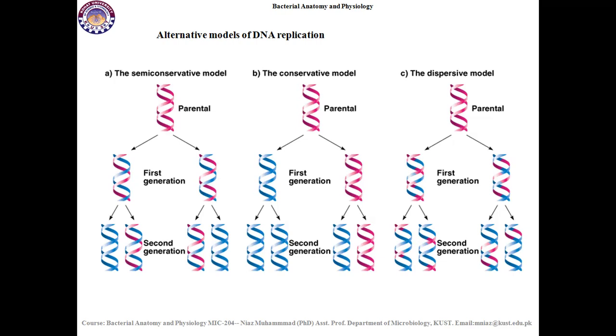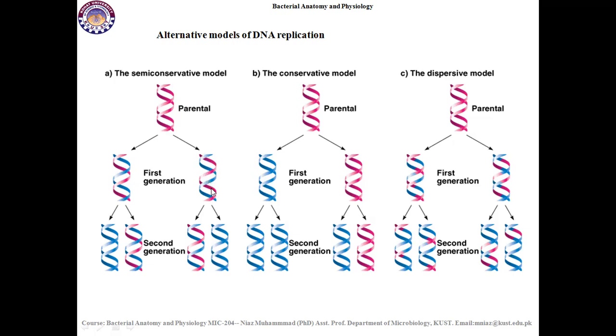Suppose in the semi-conservative model, this is the parent DNA which has two strands. When it is going to replicate, according to this model, each strand will work as a parent strand and the daughter strand will be synthesized on it. Suppose these are offspring, or these are two replicates.